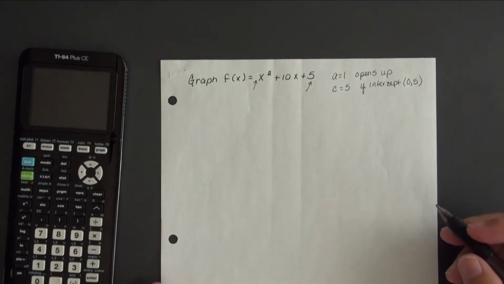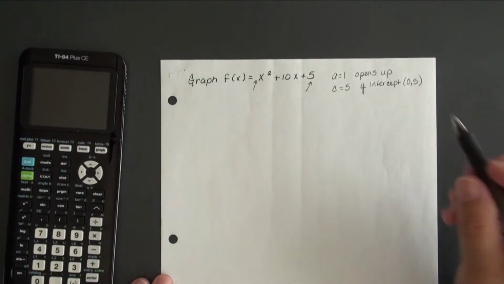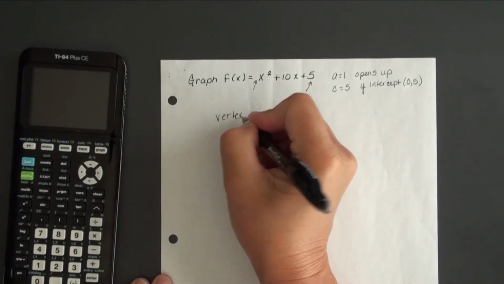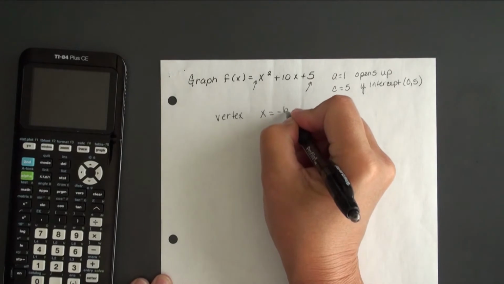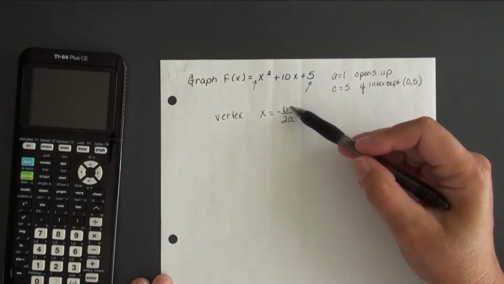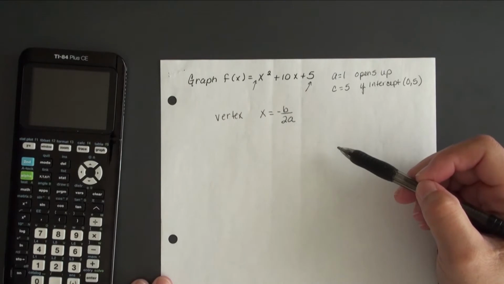So from looking at the graph or the equation, you can tell which way it opens and what your y-intercept is. Now let's find the vertex using the formula -b/2a. And have you recognized that -b/2a is part of the quadratic formula without the plus or minus part?